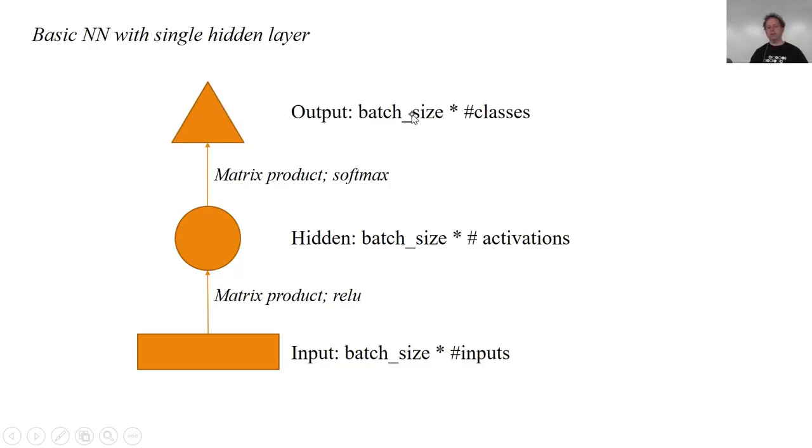Again, number of rows is batch size, and number of columns is equal to the number of classes, however many columns our matrix in this matrix product had. So that's a neural net, right? That's our basic one hidden layer neural net.